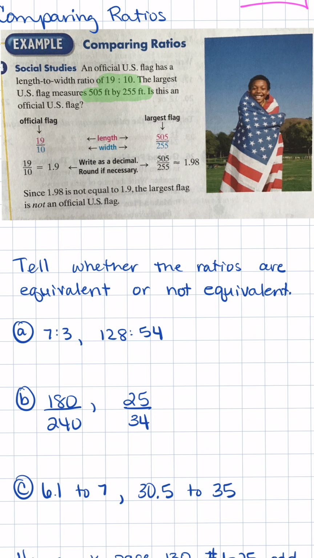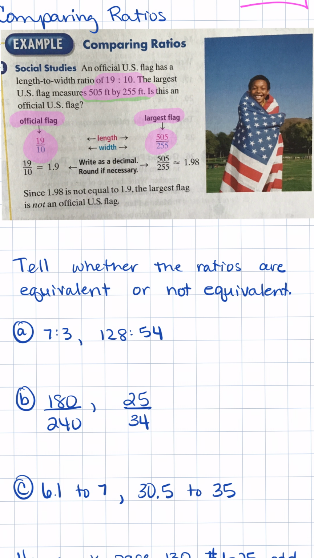So we need to take these numbers and see if they can reduce down to that, 19 to 10. An official flag is 19 over 10. The largest flag is 505 over 255.